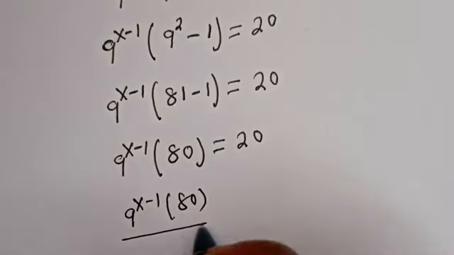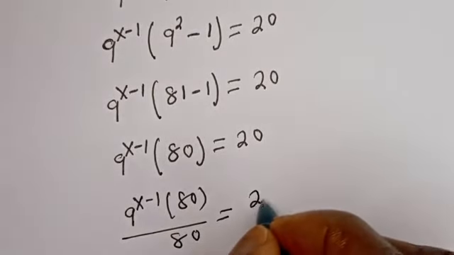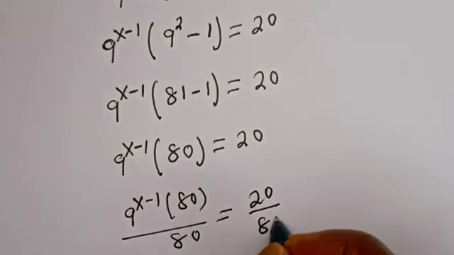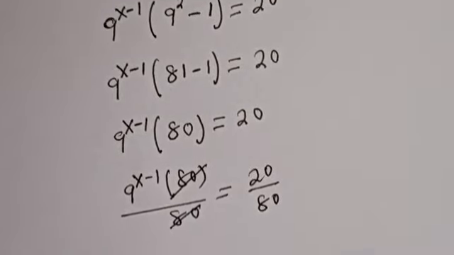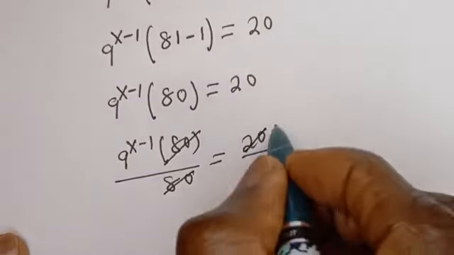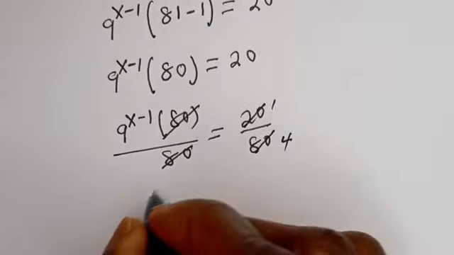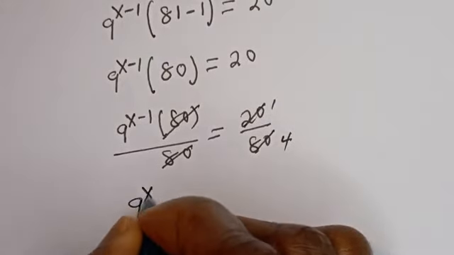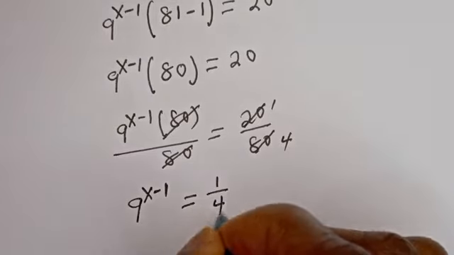Let's divide both sides by 80 is equal to 20 divided by 80. This will cancel this. Then 20 here, 1, 20 here, 4. Here we have 9 to the power of x minus 1 is equal to 1 divided by 4.